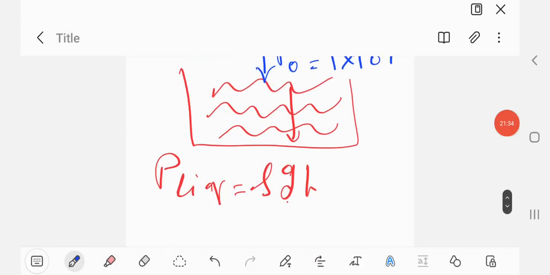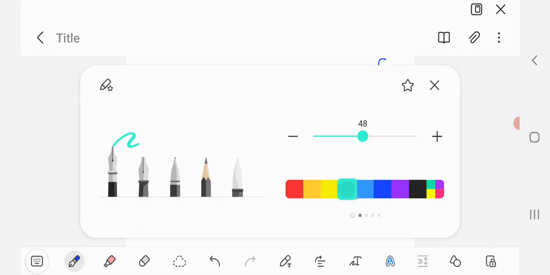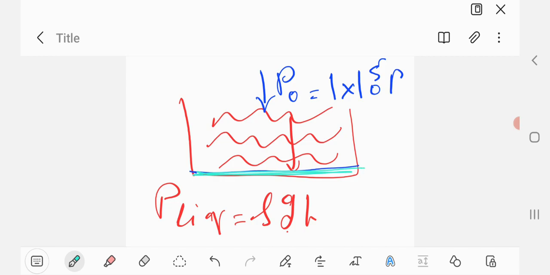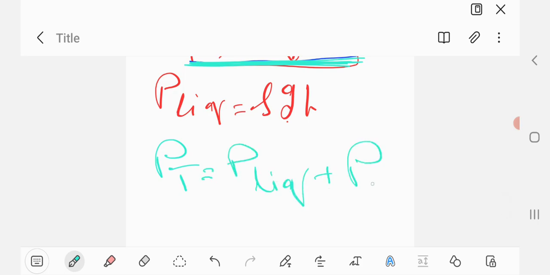So if you want to find the total pressure at a depth at this point, let's suppose, you will add these two pressures, the pressure of the liquid and the atmospheric pressure. But it depends on the situation, which quantity is asked. So the total pressure is the pressure of liquid plus atmospheric pressure.